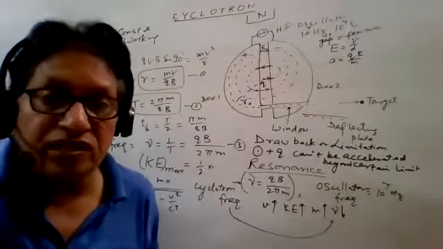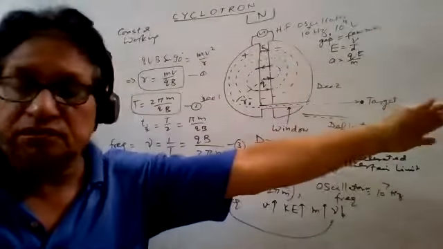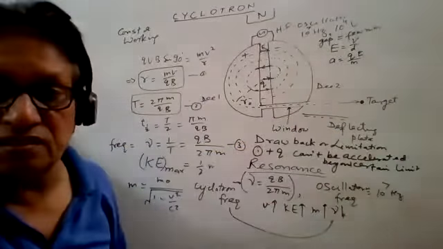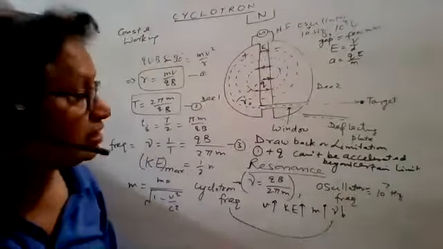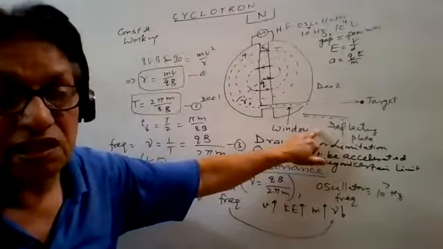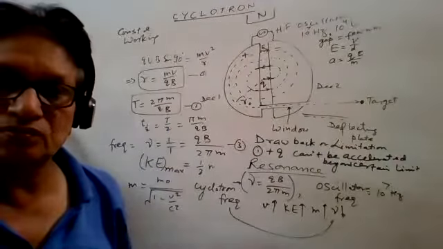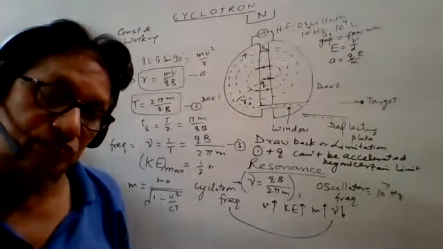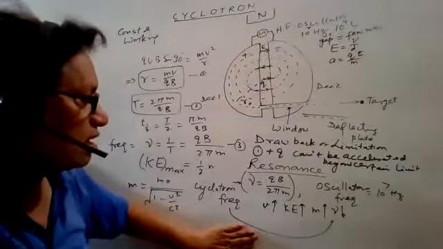So before coming to that situation, the particle should come out from the window of the cyclotron. It means there is a limit to increase the kinetic energy. Beyond this, you cannot increase it. Got it? Did everyone understand this? So there is the drawback.